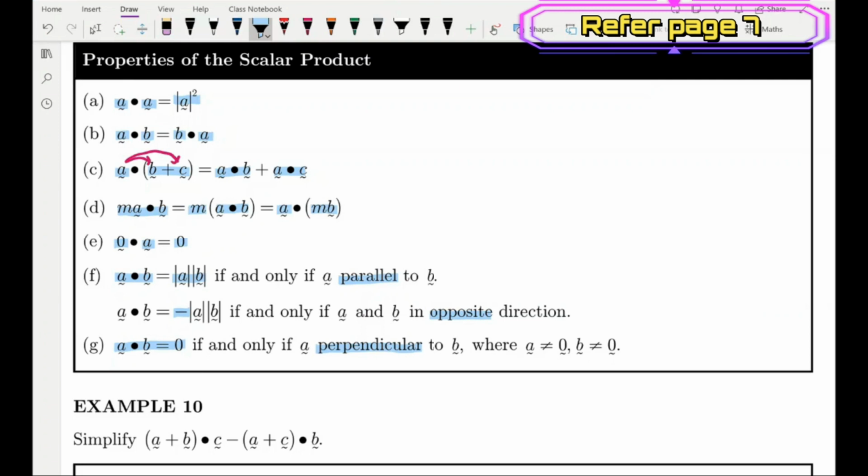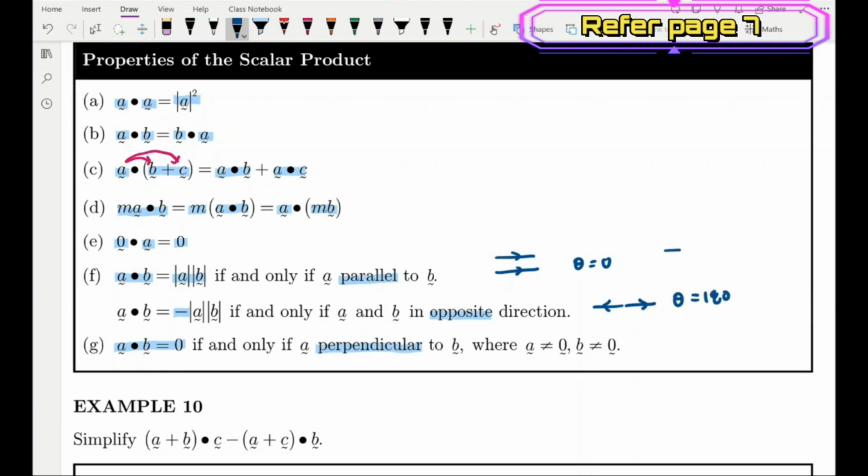Oh, before that, parallel means sejajar. If we get a positive value, that means theta is equal to 0. And if the value is negative, that means opposite, so maybe theta is 180.